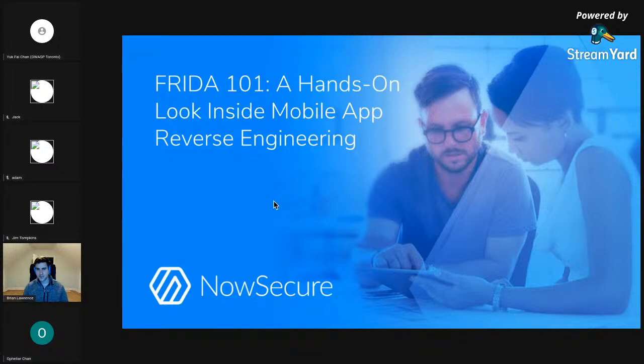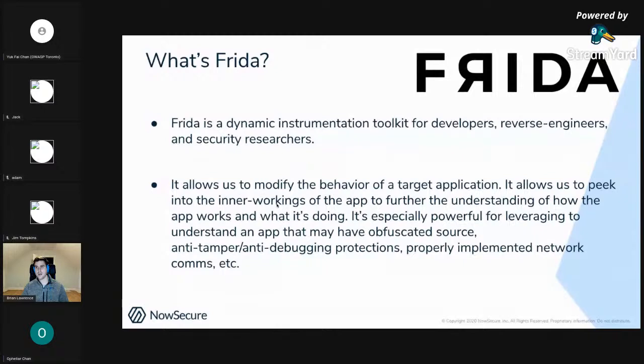So we use it a lot for mobile application testing. Obviously, it is a toolkit. It is actually fairly agnostic to what binary it's hooking into. But just to give you an idea, Frida, for those who are unaware, is a way for a security analyst, reverse engineer, or hobbyist to get into an application and get visibility into everything that's going on within that application as a first step.